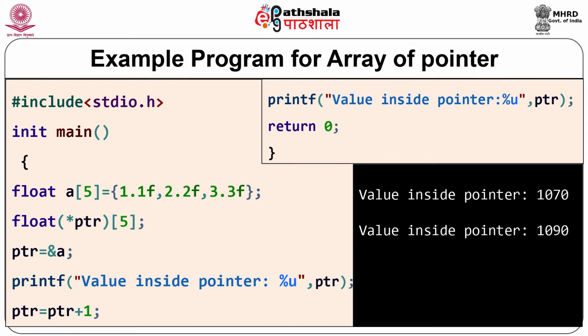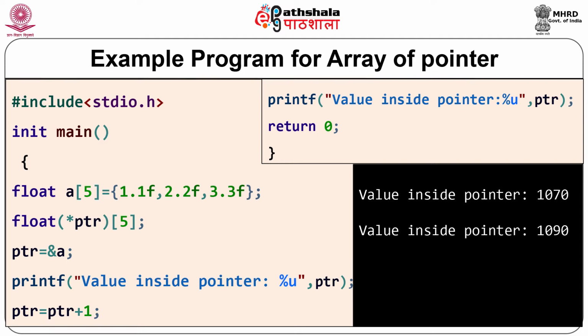Float *ptr[5]. So now we are using a pointer and the size of the pointer is 5. The third statement is ptr = &A. ptr = &A means the pointer is pointing to the address of A, the memory address of A. The fourth statement, that is printf("value inside pointer %u", ptr).